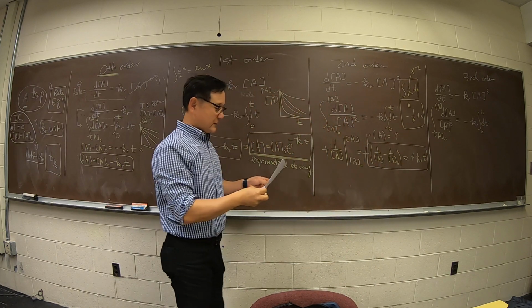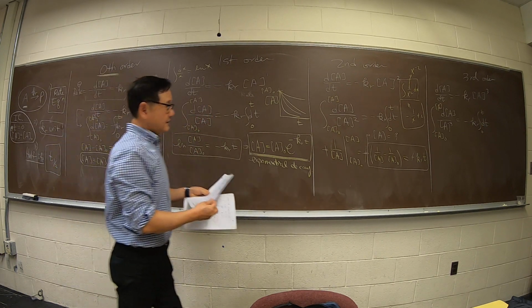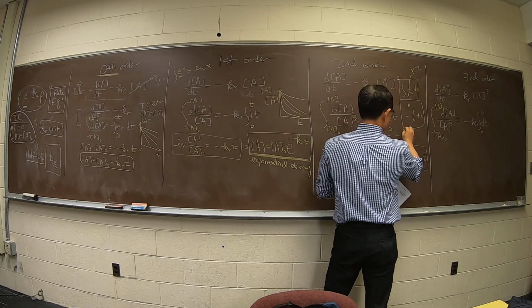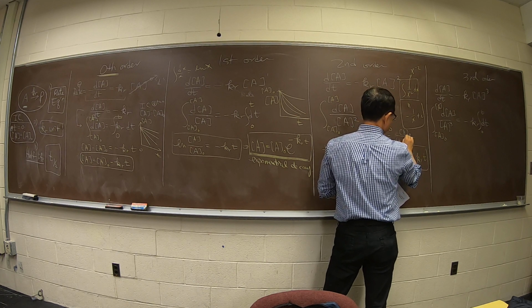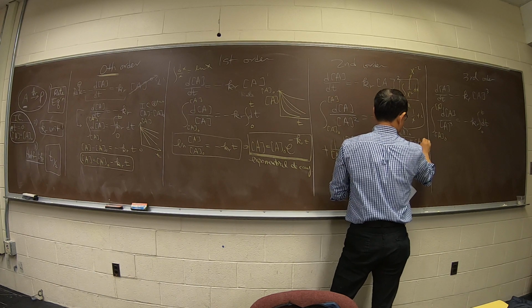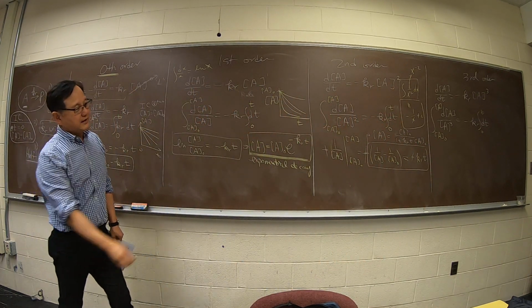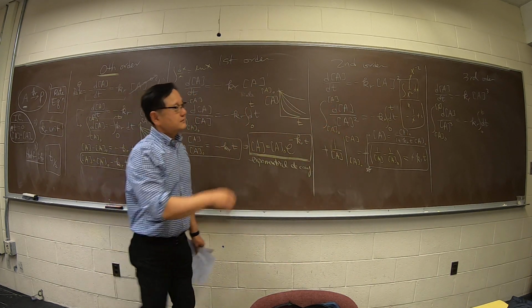And the answer can be found, and that is A naught over 1 plus kRT. So that's an equation that you can find out.